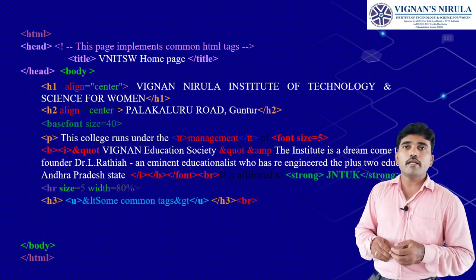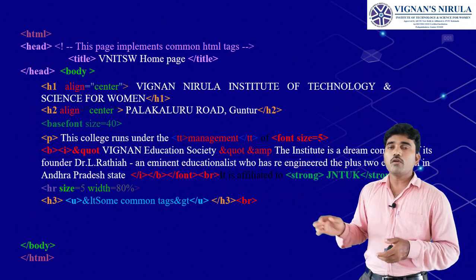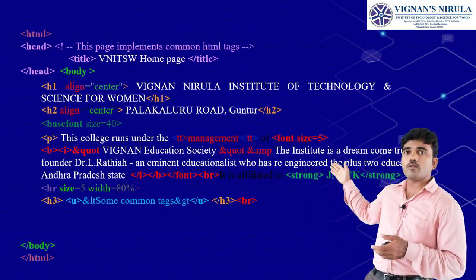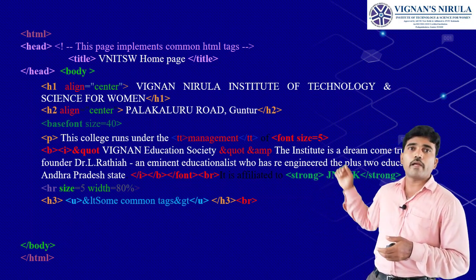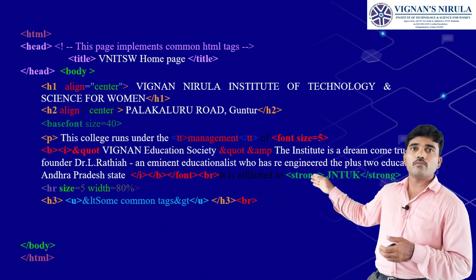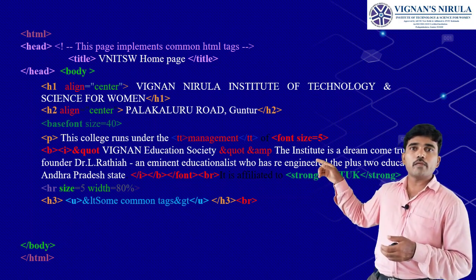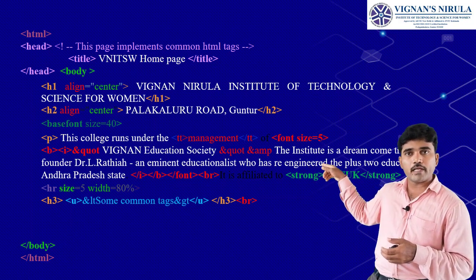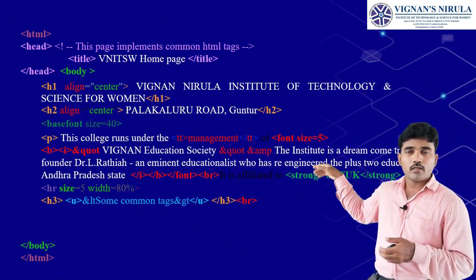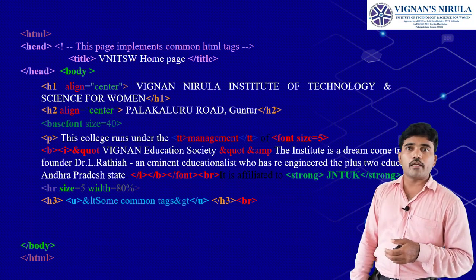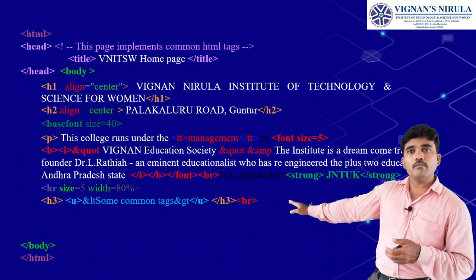Coming to the next one, here HR size equals 5, its width equals 80%. Previously I mentioned that BR is used to break the line, that means the next content is displayed in the next line. And what does the HR stand for?